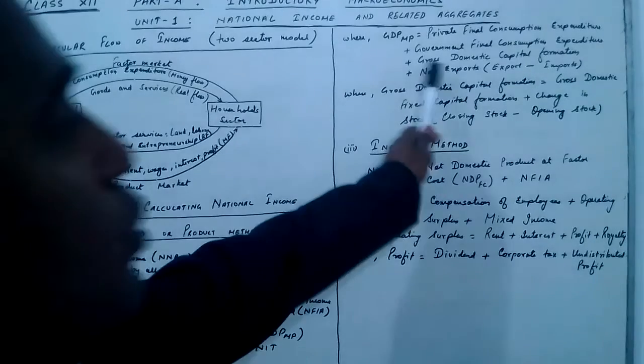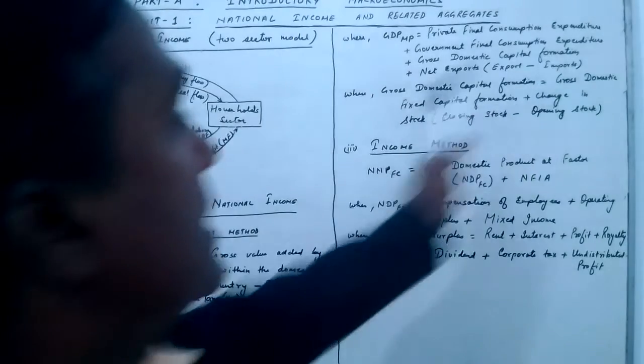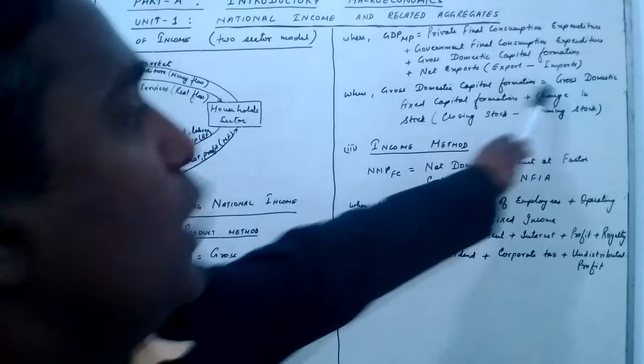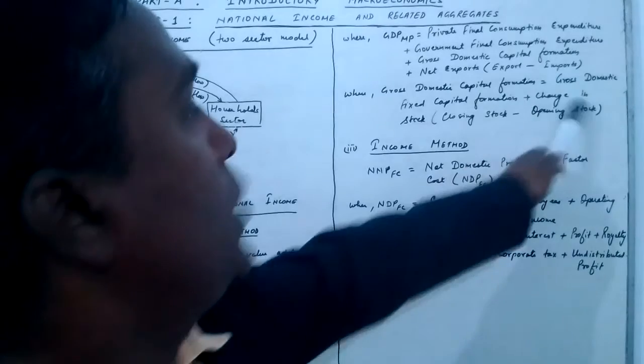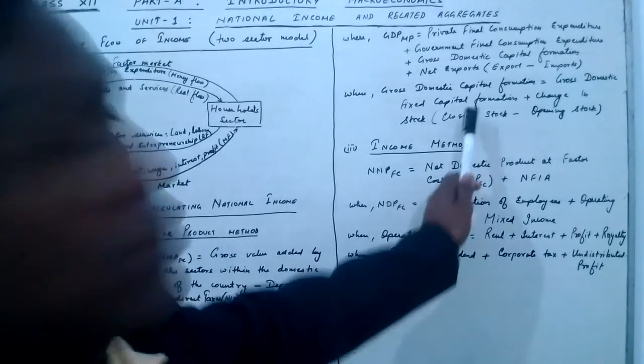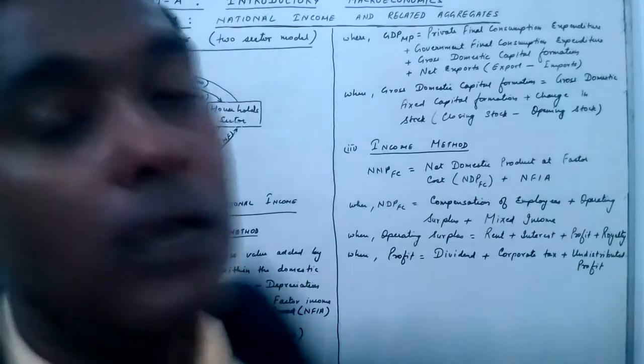Again, gross domestic capital formation equals gross domestic fixed capital formation plus change in stock, that is closing stock minus opening stock.